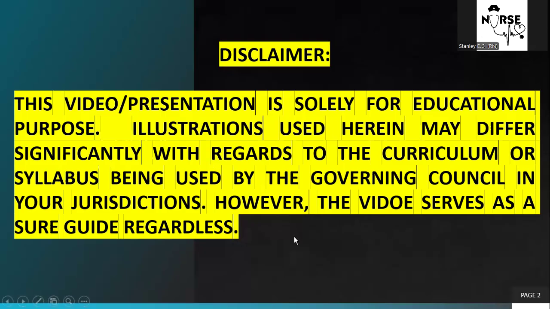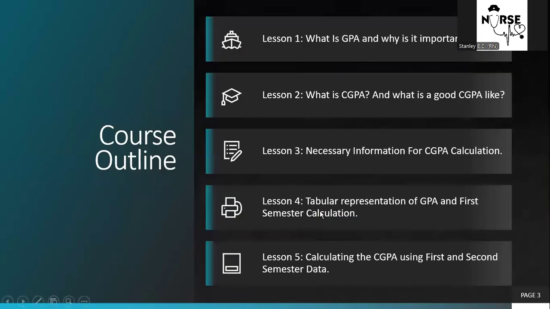So let's dive in. We'll be looking at 5 lessons, lesson number 1 to lesson number 5. Lesson number 1: what is GPA and why is it important? Lesson number 2: what is CGPA and what is a good CGPA? Lesson number 3: necessary information for CGPA calculation.